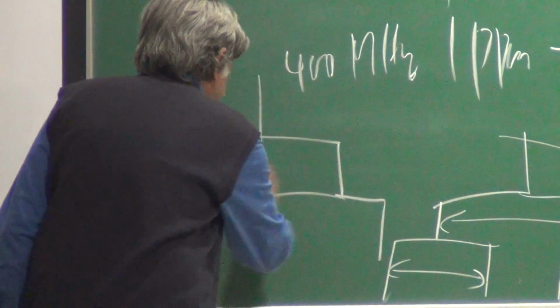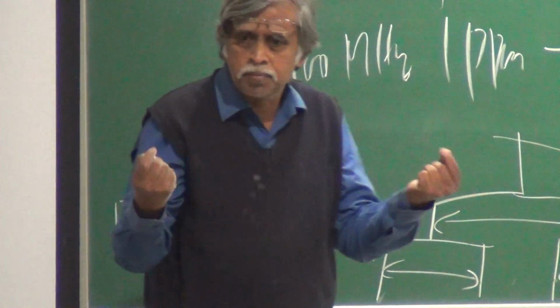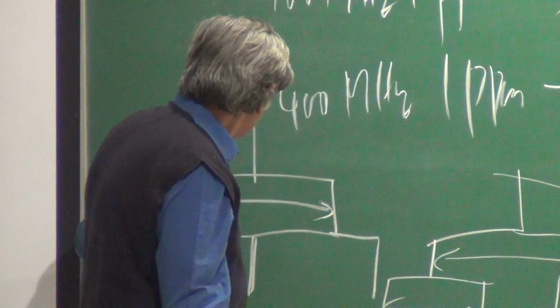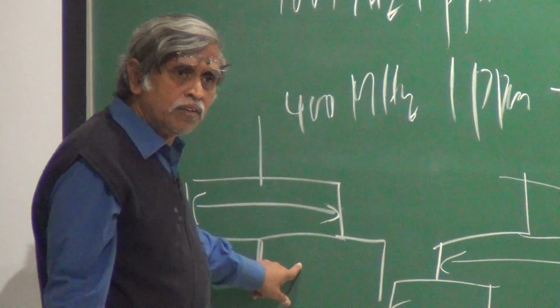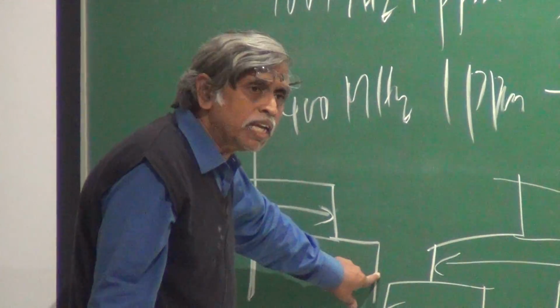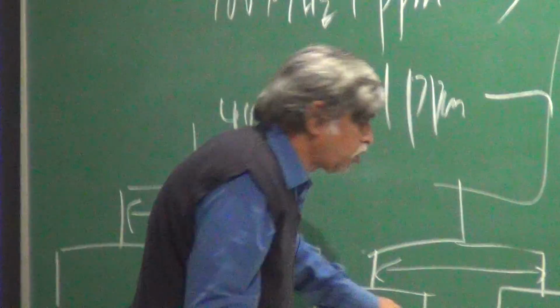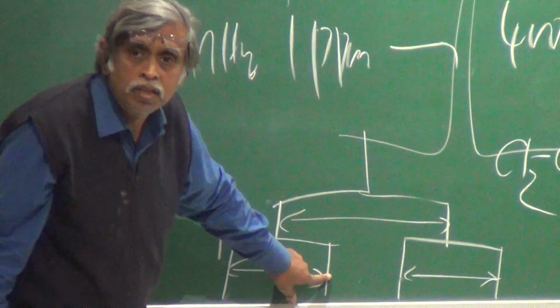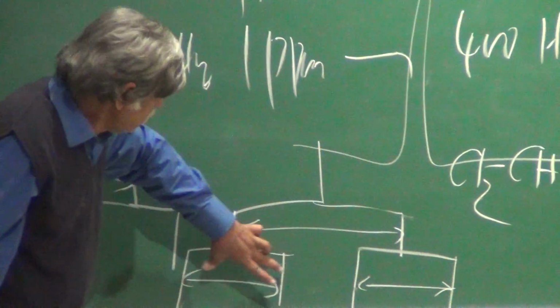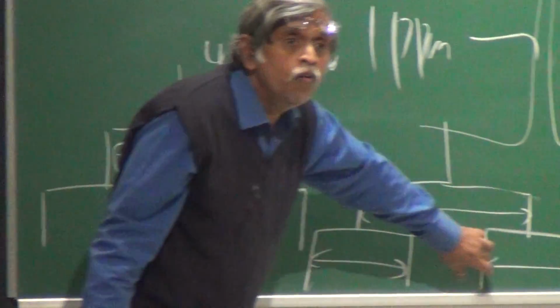If this distance, which is a splitting because of the proton, is equal to this, then you will find 1, 2, and 3. But if this and this are not equal, then what will happen? You will get this over here, and if this is smaller, then you will actually see 4 of them.